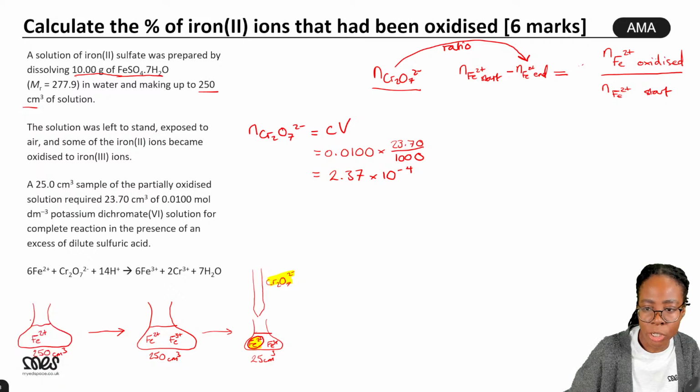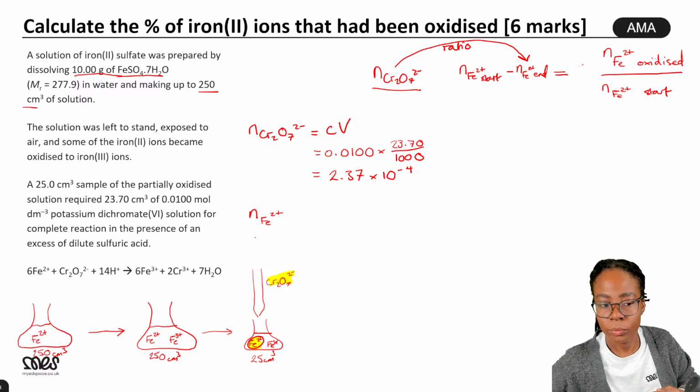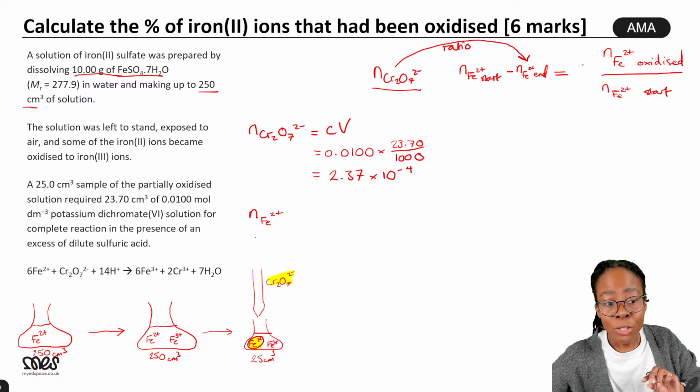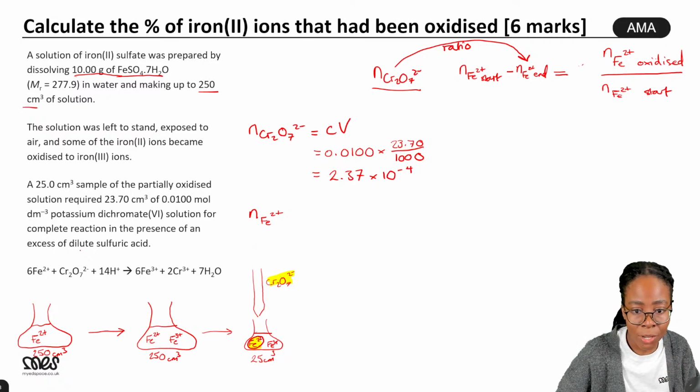What is the ratio between the dichromate and the Fe2 plus? Not 6-1, 1-6. 1 dichromate to 6 Fe2 plus. So we're going to multiply by 6.